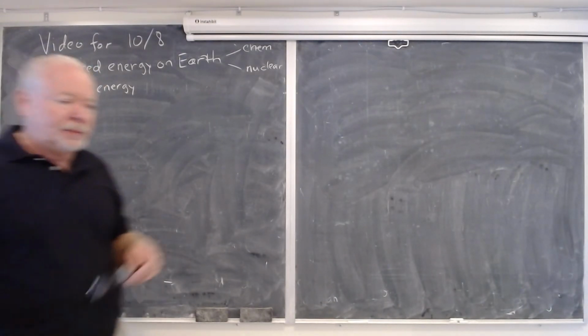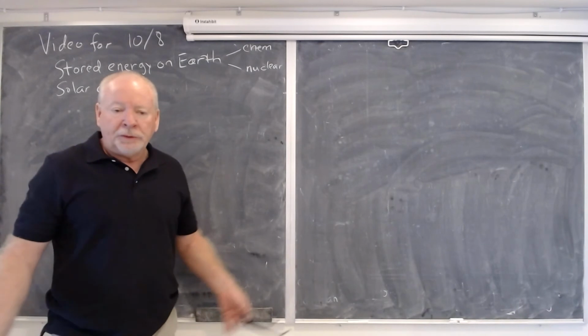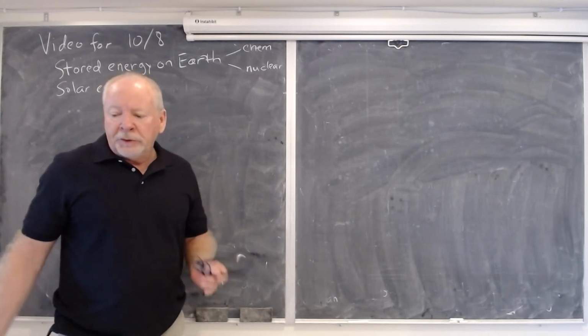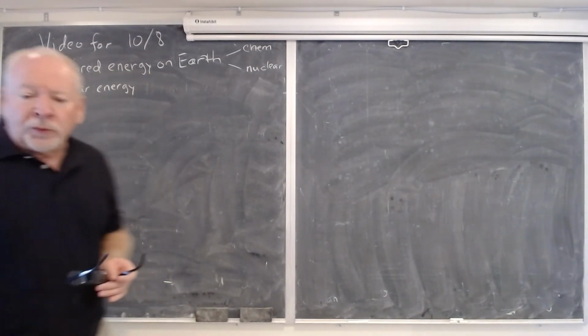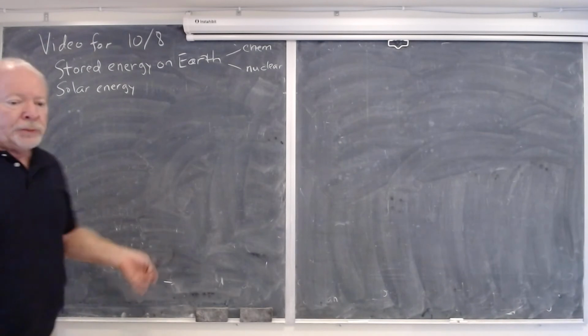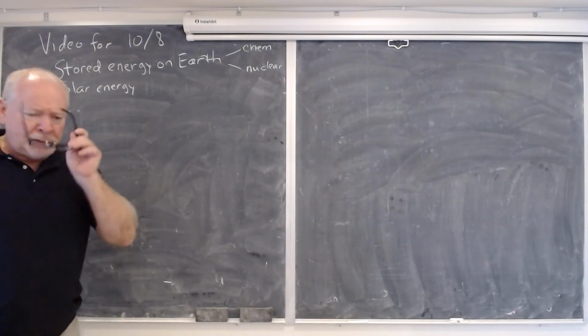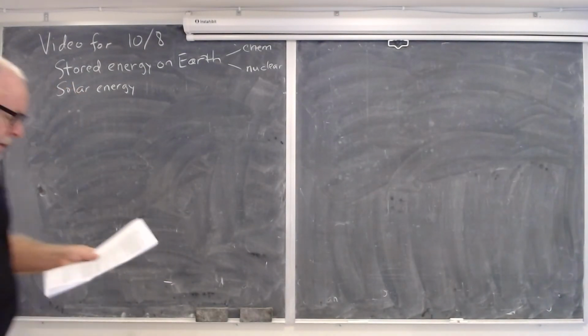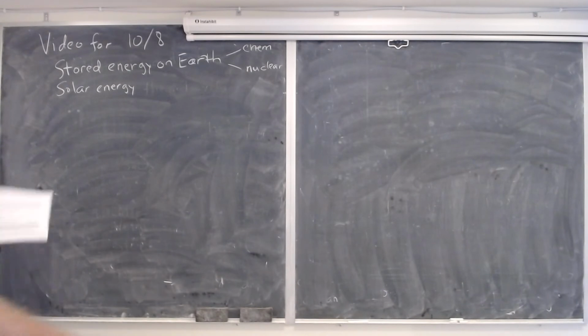That as we became civilized, we found all these sources of energy that we could convert or burn however we want to create useful energy from. Whereas solar energy is kind of what we earn on a daily basis. And so we're going to get started by understanding how much that is.